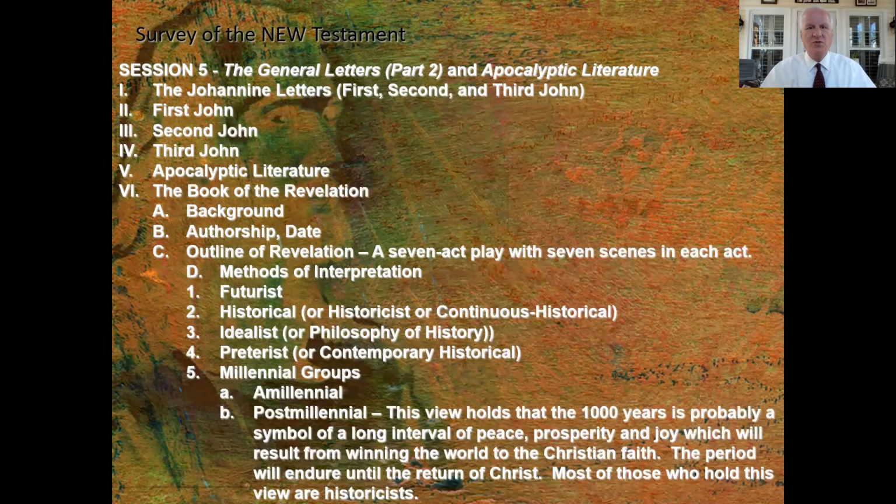Then there's the post-millennial interpretation of Revelation. And this view holds that the 1,000 years is probably a symbol of a long interval of peace and prosperity and joy, which will result from winning the world to the Christian faith. The period will endure until the return of Christ. And most of those who hold this view are historicists.